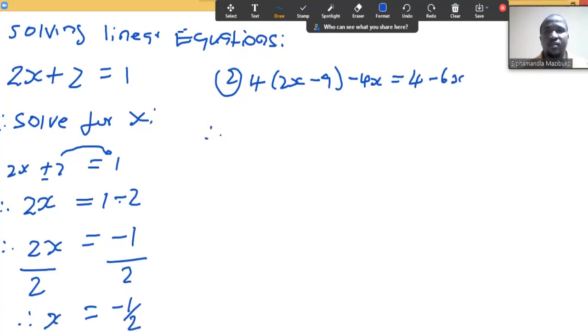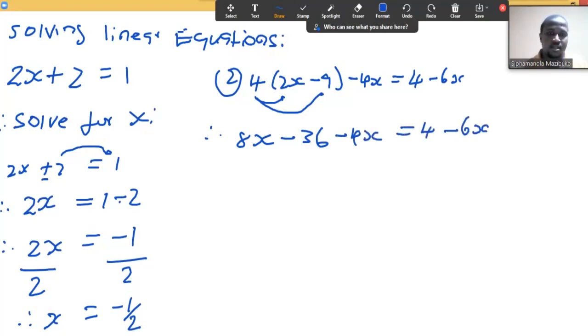Doing the same thing, we want to solve for x, but here you have to say 4 times 2x when you're expanding, and 4 times 9. So we have 4 times 2x, that gives us 8x minus 36, and then minus 4x is equal to 4 minus 6x.